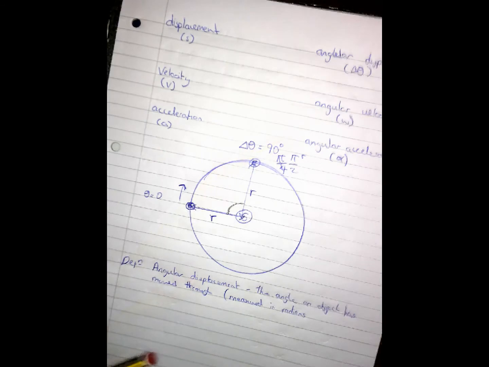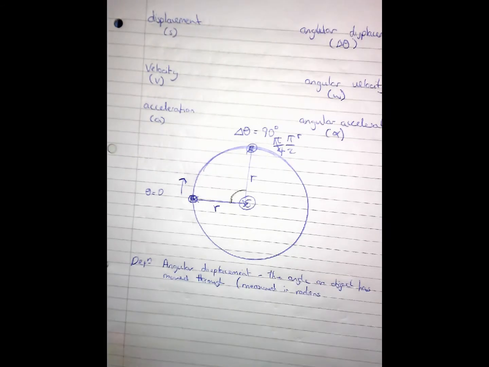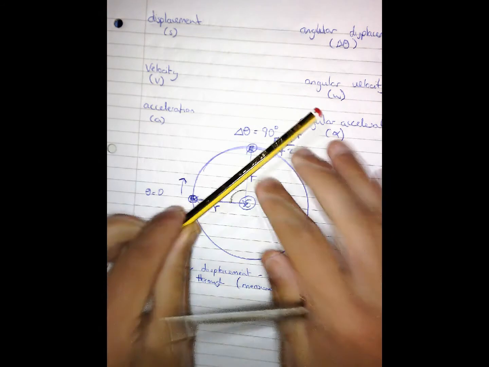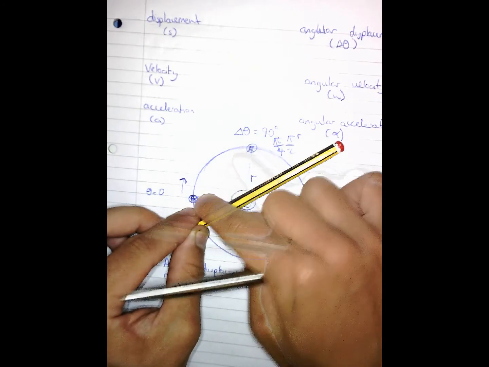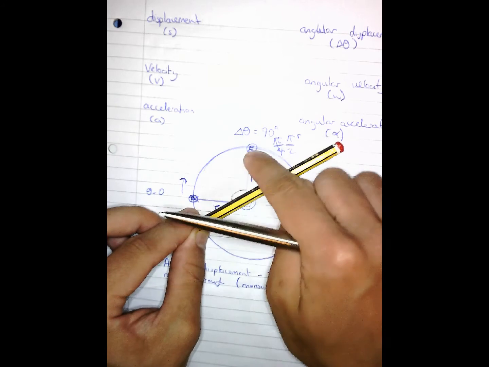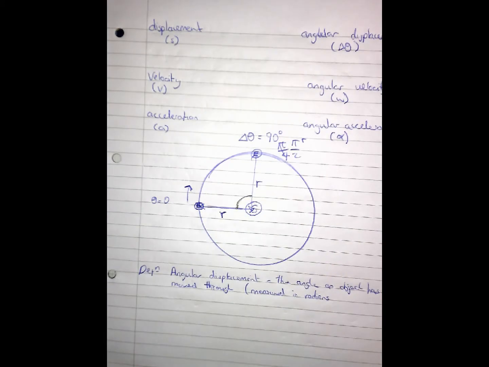So you can see that those two quantities are related. They've got a similarity, but they're not the same thing. The displacement will be represented by a line joining the Earth at those 2 points. So we've then got angular displacement.